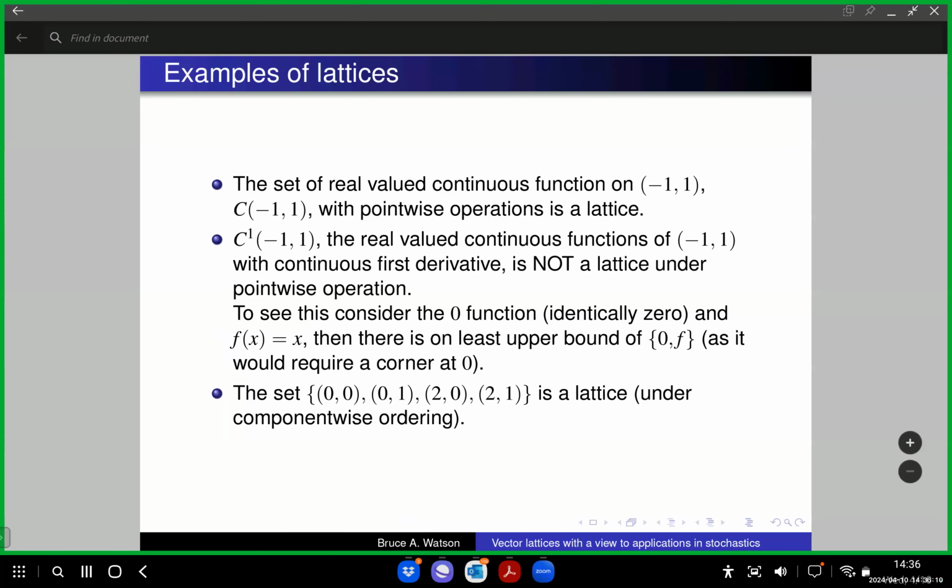Some further examples of lattices. Well, how about the real valued continuous functions on the interval [-1, 1] with pointwise operations?